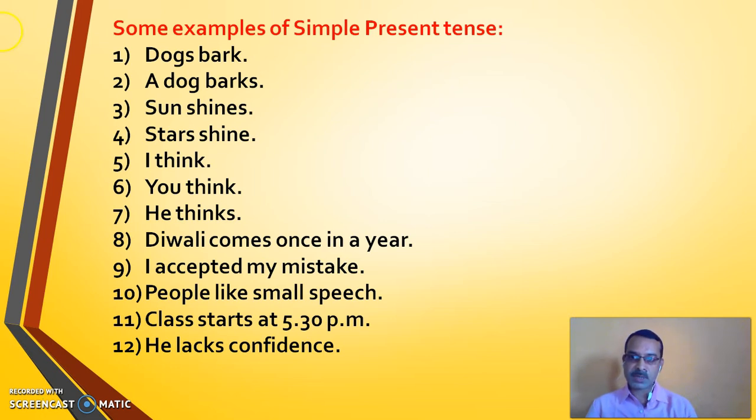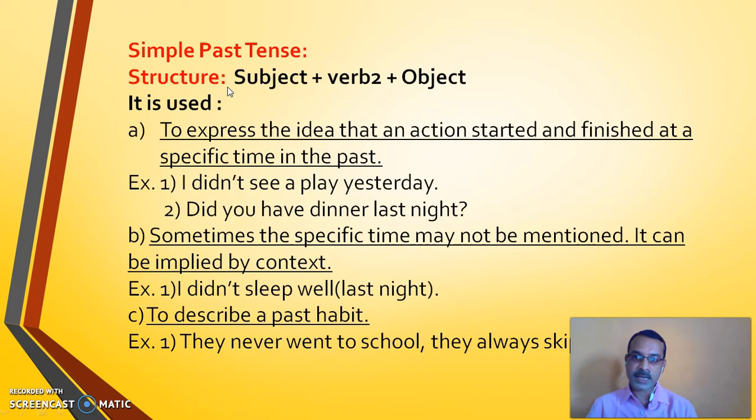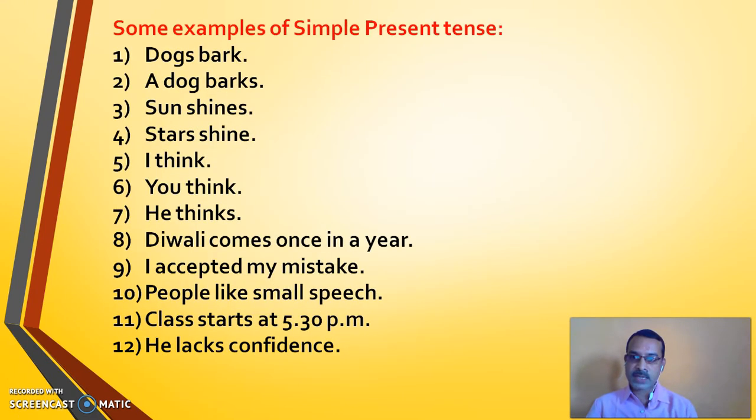In these first two examples, in the first example, it is a plural noun, so here we have not added s or es to bark. And in the second example, we have a single noun, that is a dog, so we have added s to the verb. The third example, sun shines, सूर्य चमकतो, stars shine, तारे चमकतात.